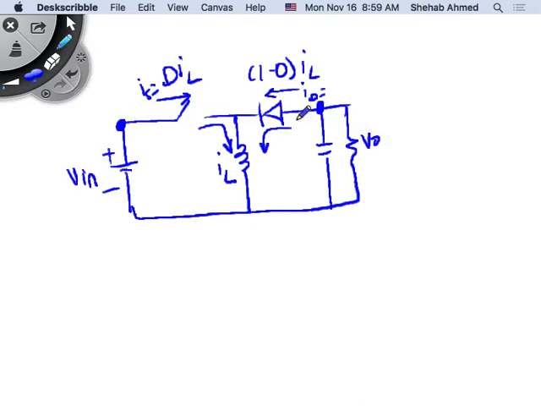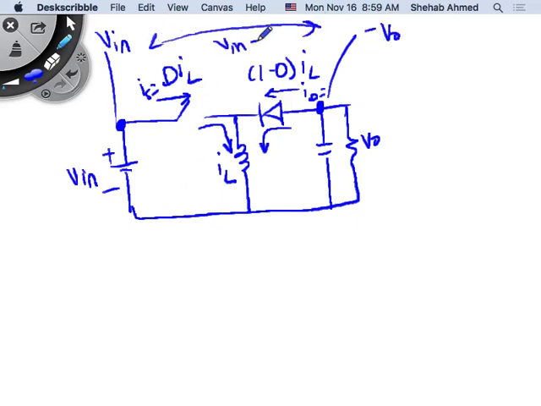So it's V input minus V output across these two terminals, but V output is negative, so V input plus V output. This voltage here is V input, and then minus V output here. So the voltage difference between them is V input plus V output.